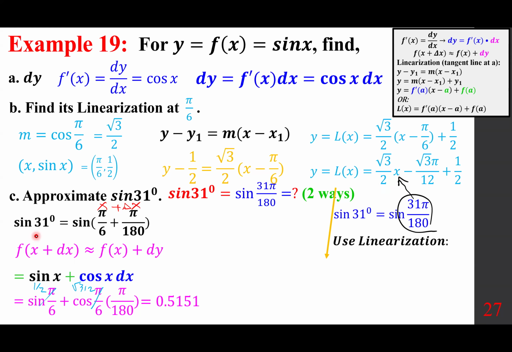So just use linearization, plug in. So L of 31 pi over 180, as I mentioned, we have to go with the radian mode. Square root of 3 over 2 times 31 pi over 180 minus square root of 3 times pi over 12 plus 1/2. You put it into a calculator with a bunch of decimals. That's what you get, everybody.